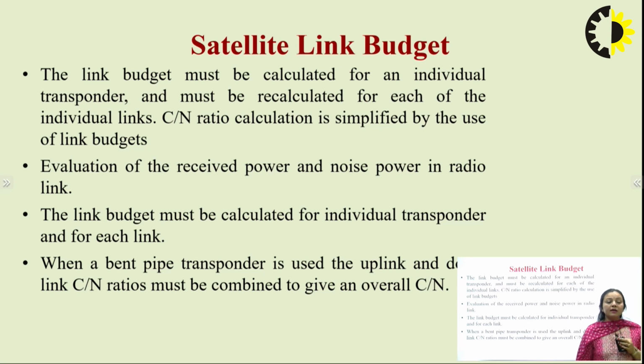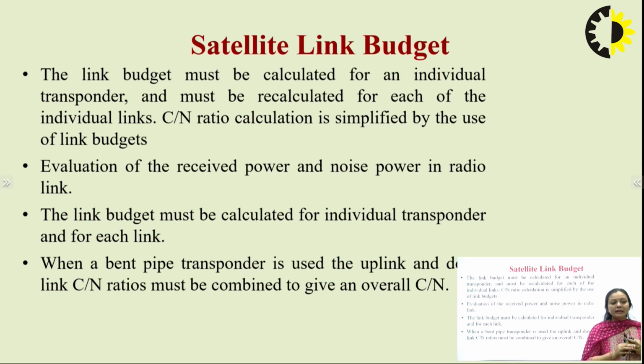When you are employing a transponder, we generally have two types: a bent pipe transponder and a regenerative transponder. A bent pipe transponder is like a pipe, where you give something from one side and from the other side the water flows out. So this bent pipe transponder will only perform the function of frequency conversion.